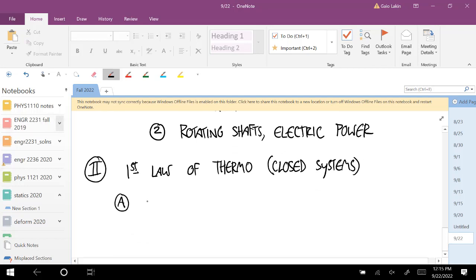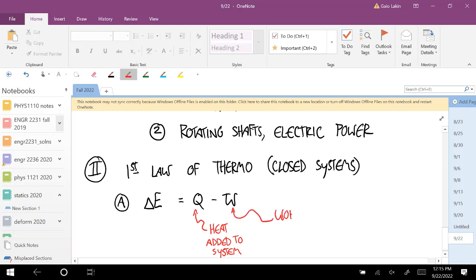And so that took this form: the change in energy is equal to Q minus W. Q is the heat added to the system, and W is the work done by the system.